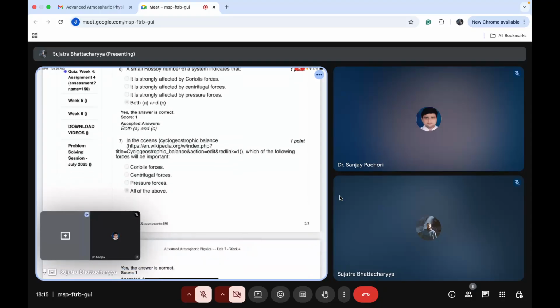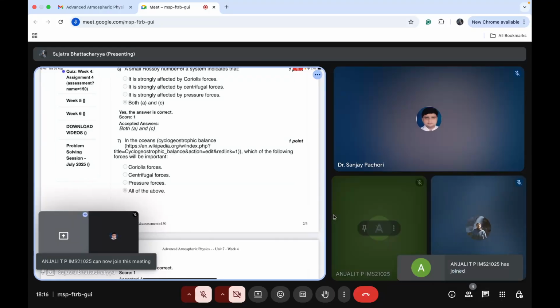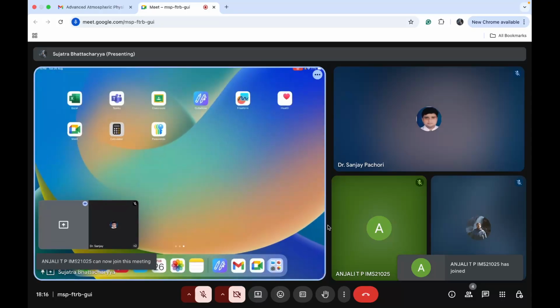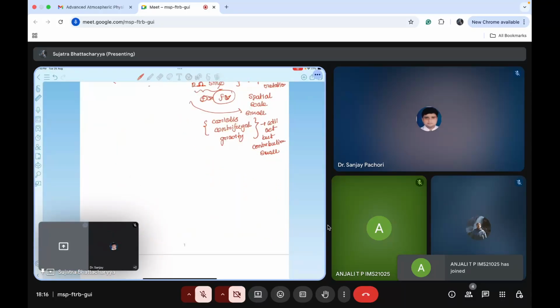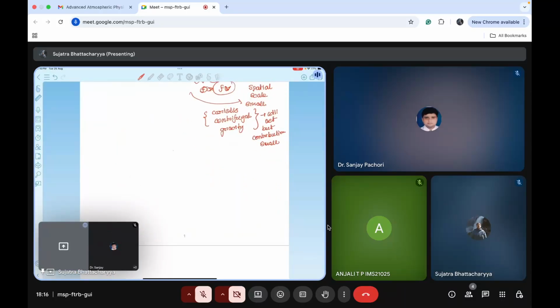Seventh question is about cyclogeostrophic balance. So what is a cyclogeostrophic balance? I have already mentioned in the last problem solving session that you have a cyclostrophic balance. What is that?